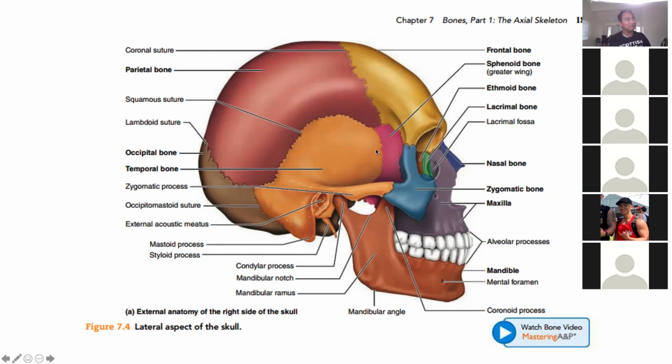The part of the brain which will be here will be called the frontal lobe. The part sitting here will be called the parietal lobe of the brain. The part in the occipital region will be called the occipital lobe. And the part here is called the temporal lobe.